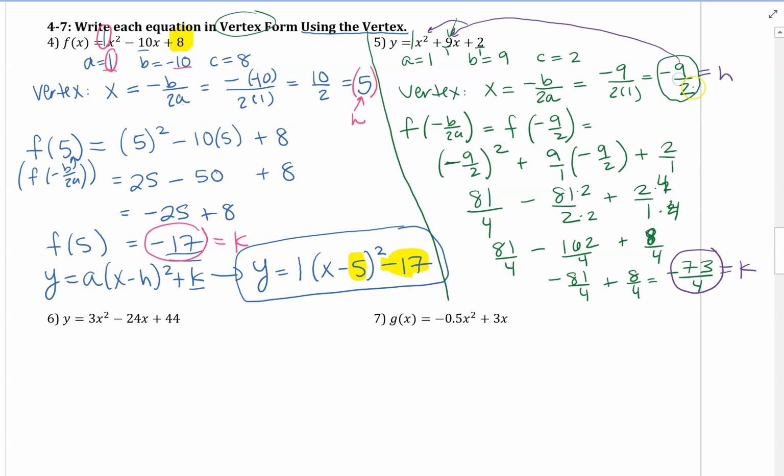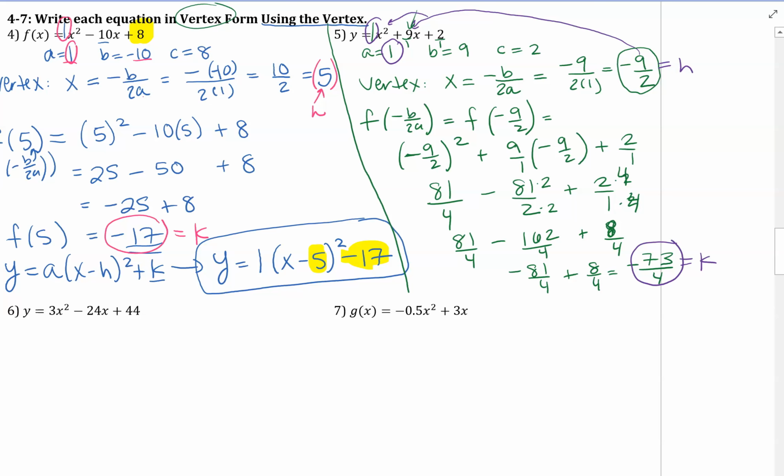Because remember, these 2 points go together to create the vertex. And a is the same in standard form as it is in vertex form. So all I have to do now is plug all of these values in to vertex form. So for my vertex form, I get y equals a, which is 1, times x minus h.